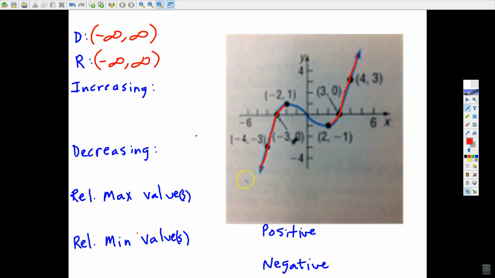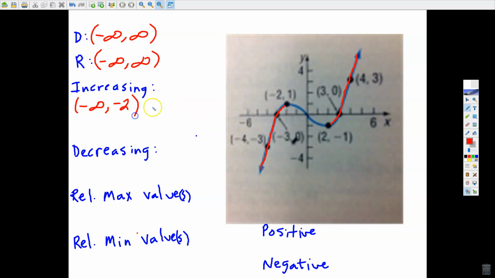So the way I state this in interval notation, it's increasing from negative infinity and until it gets to this point. And when you're doing interval notation, you're only using the x coordinates to express the intervals. So I'm coming from negative infinity and I'm stopping at -2.